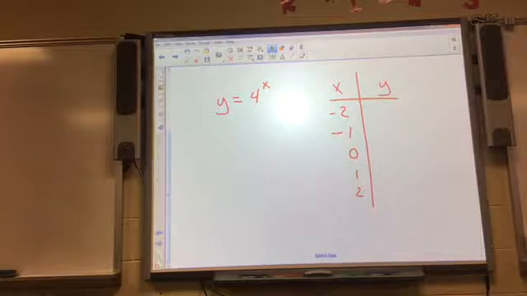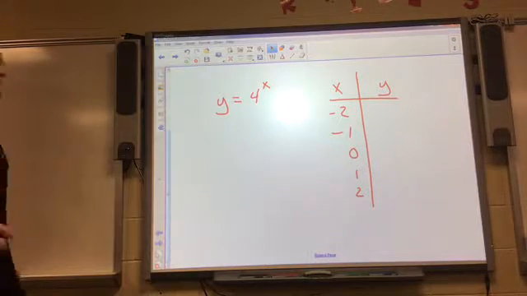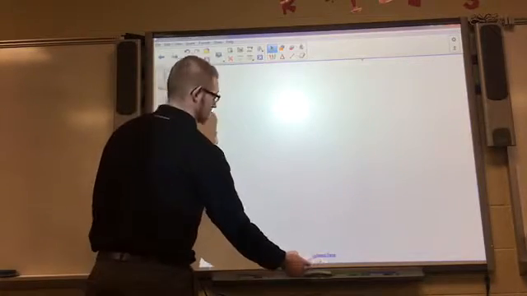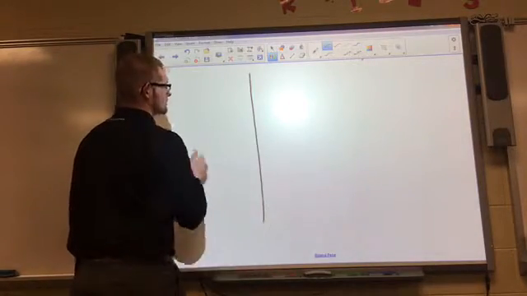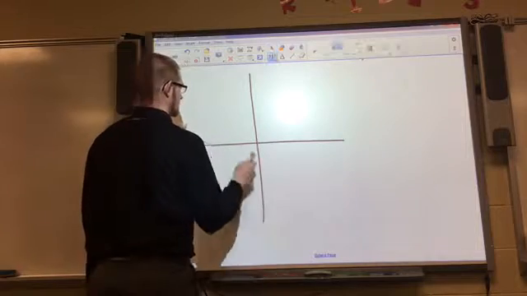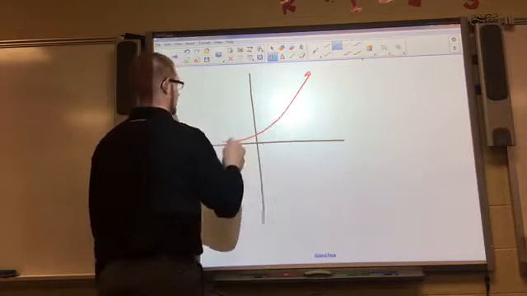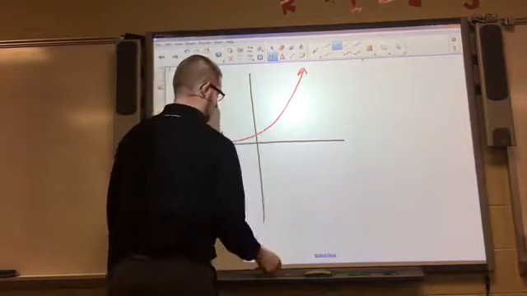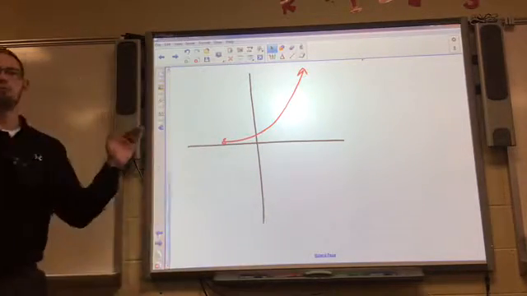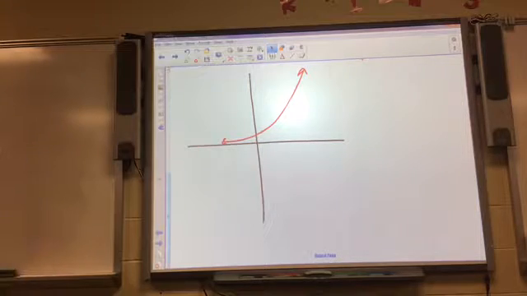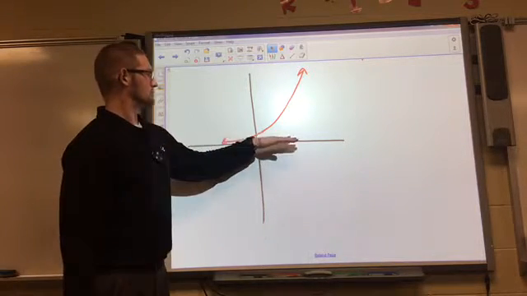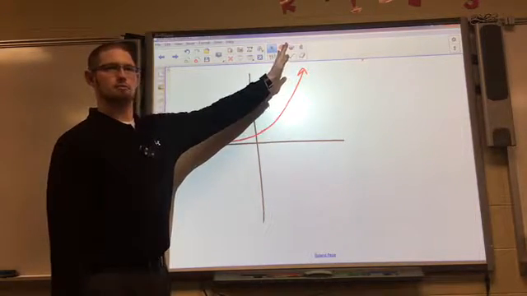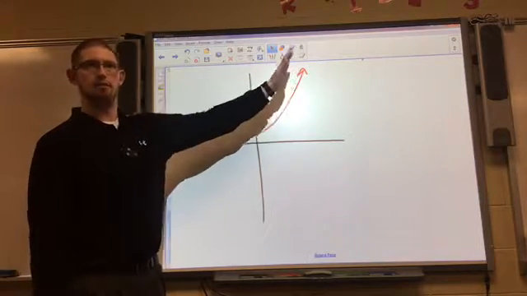Now, your exponential growth functions are typically going to look like this. They're going to grow, they're going to get bigger. As your x gets bigger, your y is going to get bigger, because we're growing, right?